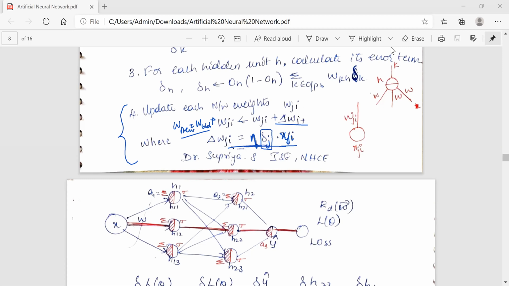Delta J is for each and every neuron wherever I consider, I'll be applying the output weights with delta J. It's similar to delta K into xji. So this is about your algorithm with respect to back propagation. I hope I've made this clear.